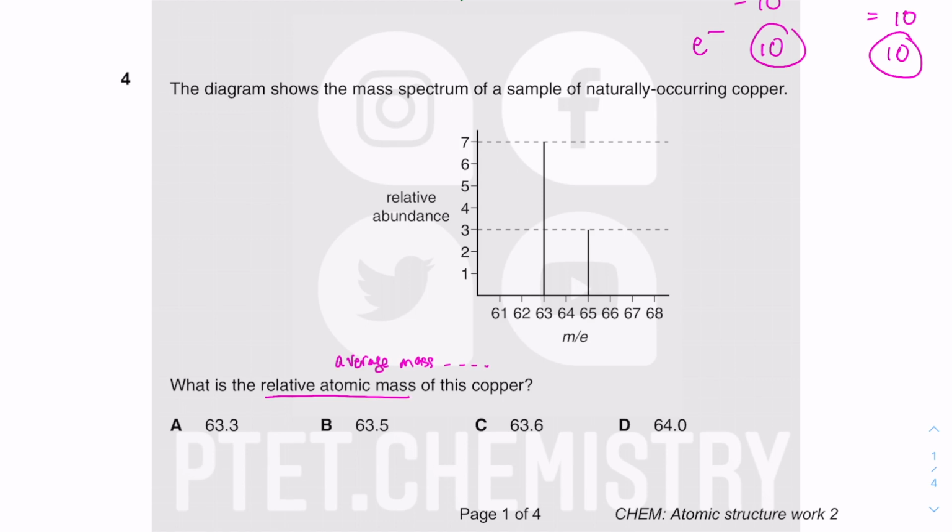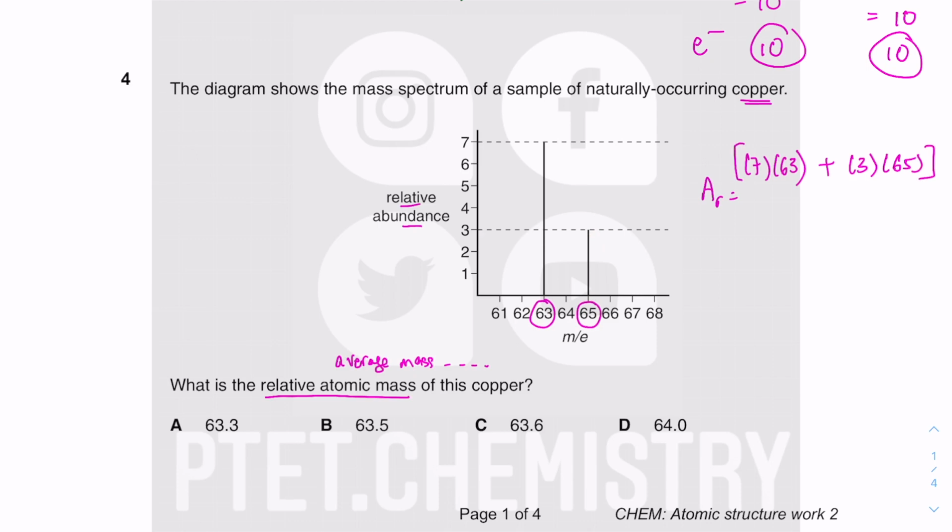Okay, so this is copper, and you have copper 63 and copper 65. These are relative abundances. They are not percentages, but instead they are ratios. Do you do the same thing? Yes, you do the same thing. So the abundance there is 7 times 63. Use brackets carefully and then add them up. This is 3, so 3 times 65.